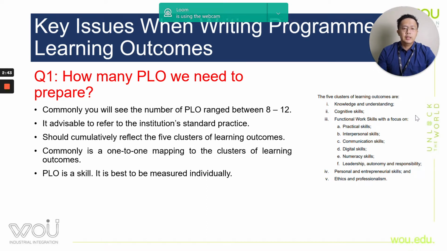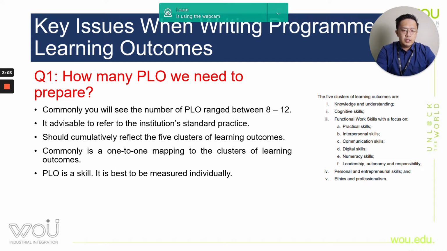Okay, so in the next slide, I will explain how people are dealing with this 8, 11 or 12 PLO, and how they break down the clusters of learning. Before that, you have to remember that all these clusters of learning are basically a scale. So your PLO itself is a scale.